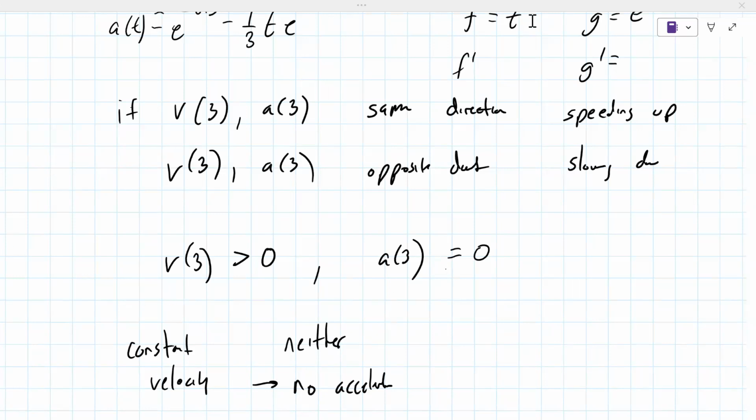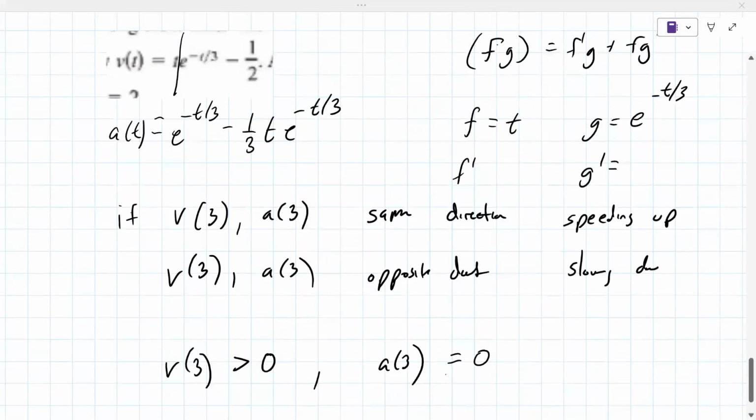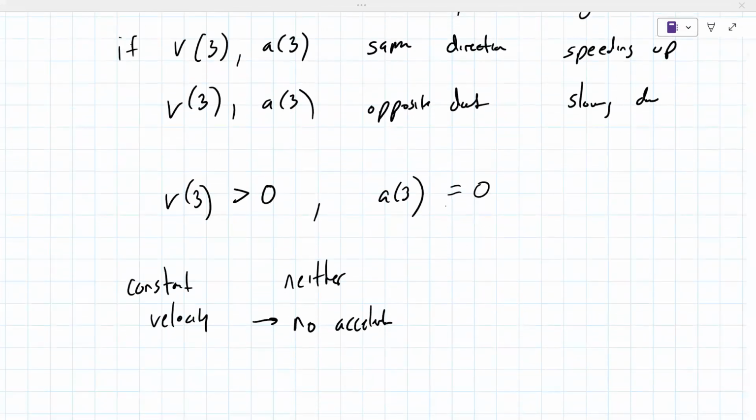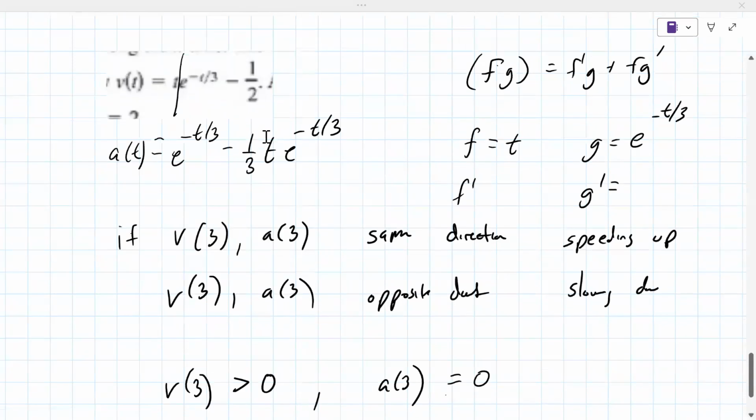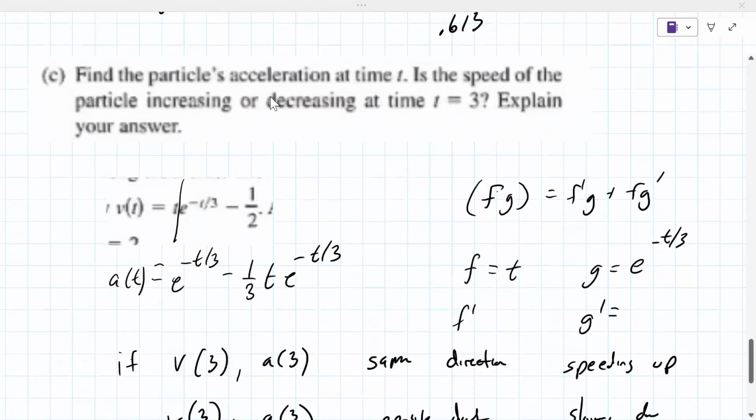It's just like when you're on the interstate at a constant speed, you're not accelerating. You're just moving at the same speed. So what do I say? Any of those words: it's constant velocity, there's no acceleration. It's neither increasing nor decreasing.